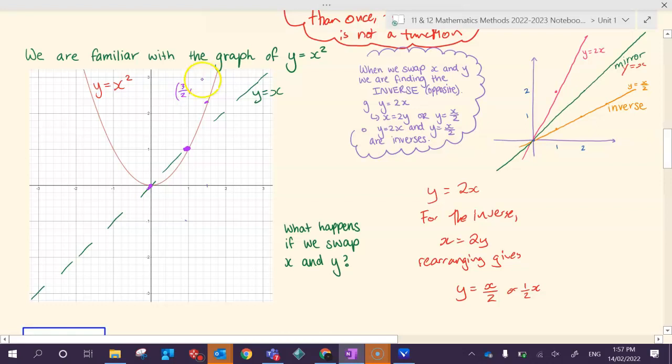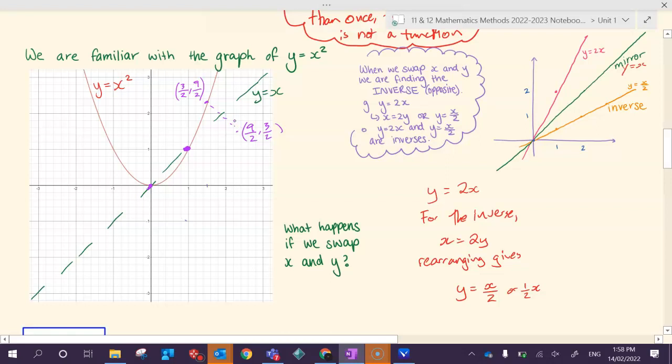And when I square that, I get 9 over 4 for y equals x squared. When I'm reflecting that, it's going to be the point 9 over 4 and 3 over 2. Dot. It's a reflection in the line y equals x.